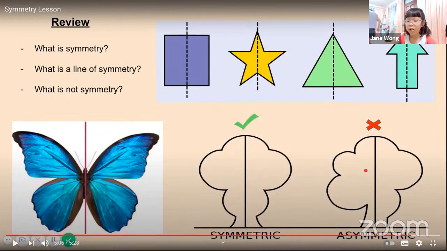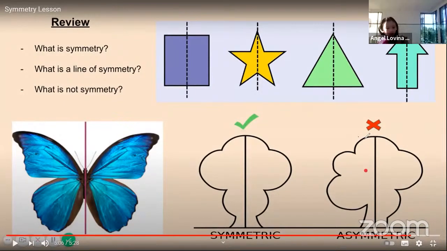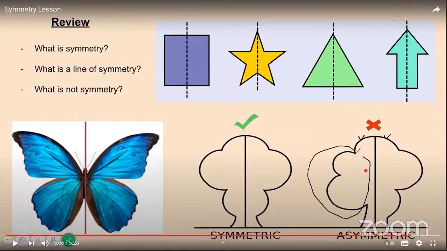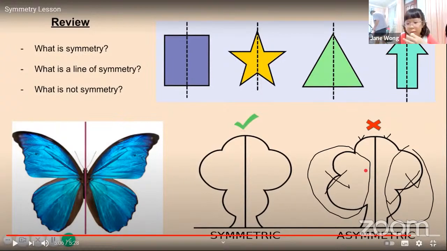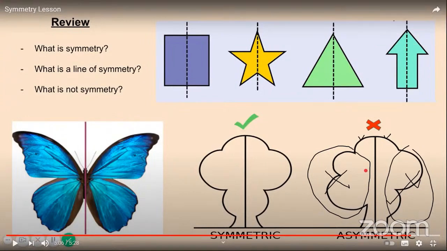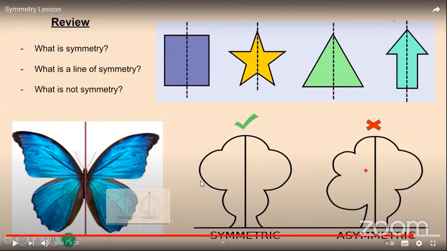Because the shape is like this. See, here is symmetrical, but this here and here is not symmetrical, right? This is a bit symmetrical. Okay, very good. You guys understand now?